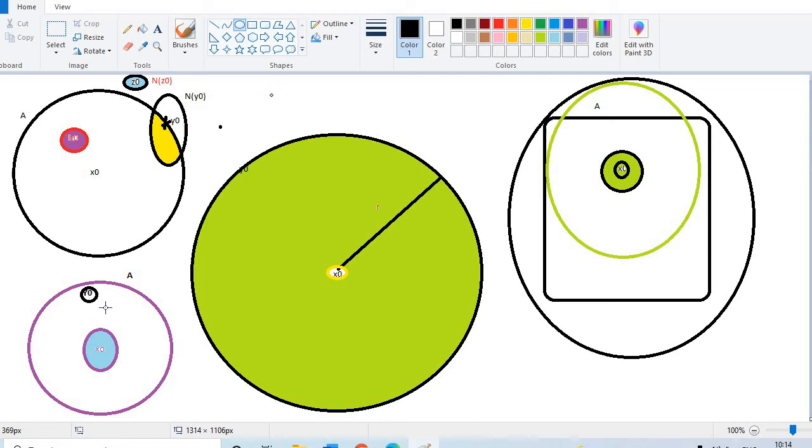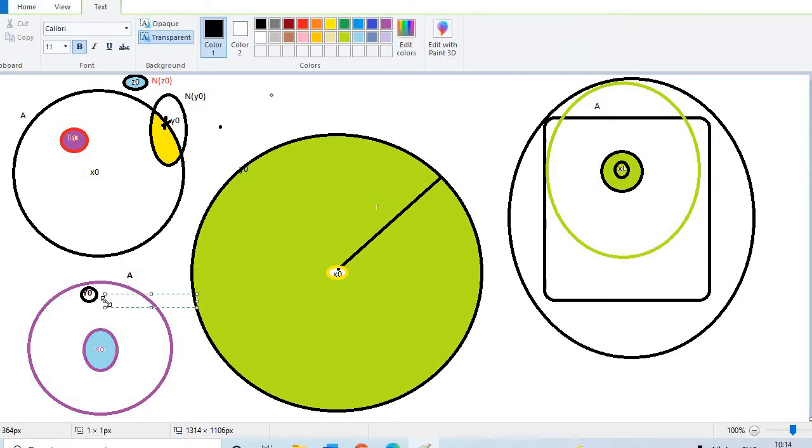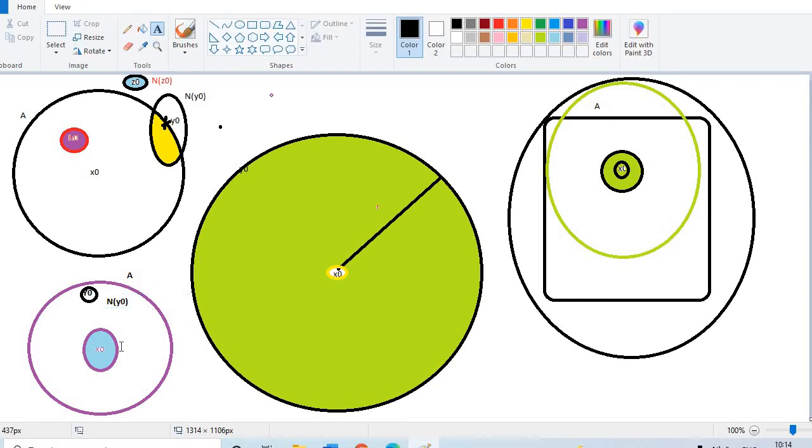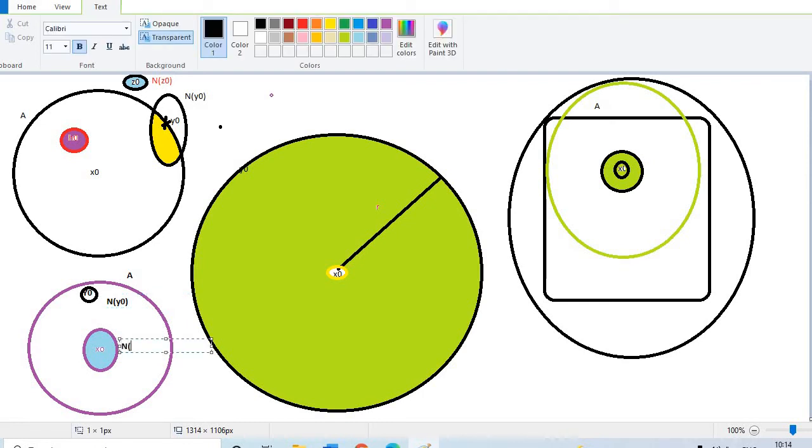So what is the condition? This is N of y0, this is N of x0.